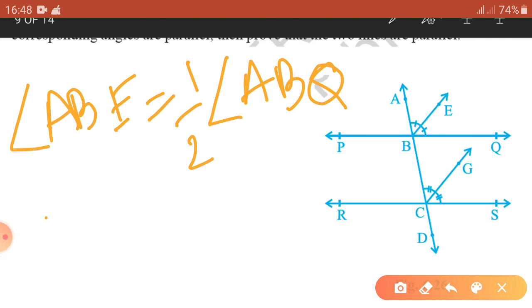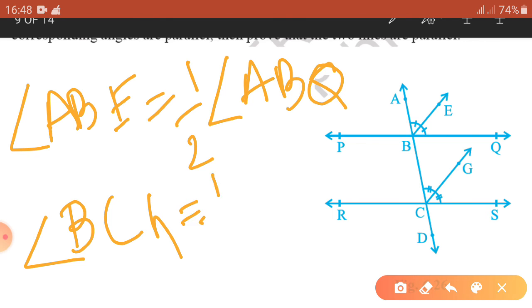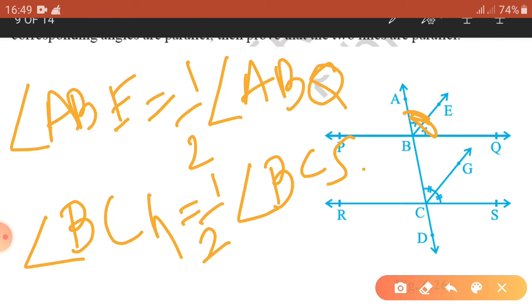Similarly, we can write that angle BCG equal to half angle BCS. But we know BE parallel to CG and AD is transversal here. So therefore, you can say that angle ABE is equal to angle BCG, according to the corresponding angles axiom.